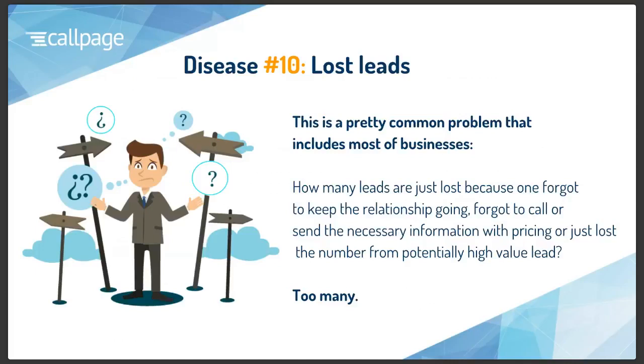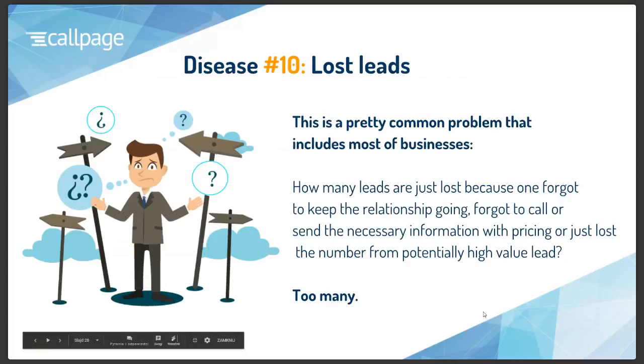We came up with some solutions for this disease, cures, and just wonder how many leads you are losing this way. And I guess it's too many, because there's so much business there. It's always this one lost lead that could give you $1 million. Yeah, this big elephant.